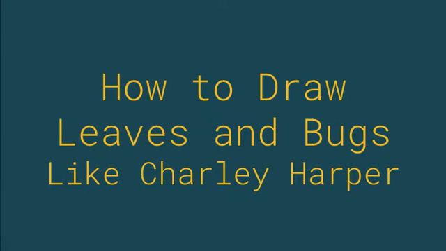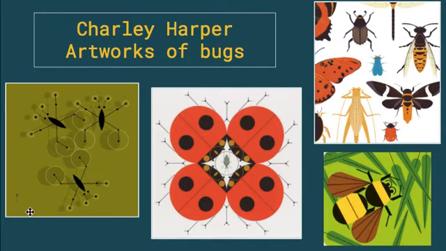What we're going to do with our project is learn how to draw leaves and bugs like Charley Harper. I'm going to have these pictures, which are a little bit bigger than what we looked at before. Some are new ones, some are the same from the other pages. But once again, we see a lot of circles. We see some ovals, another circle.